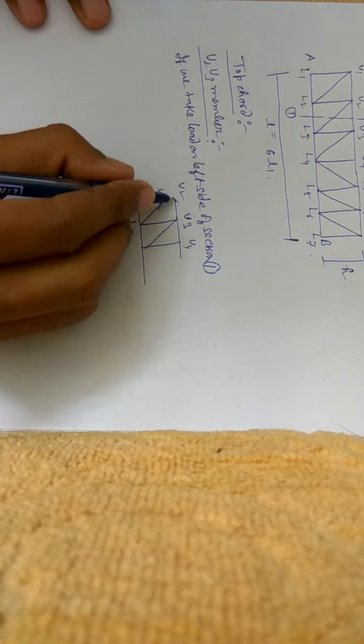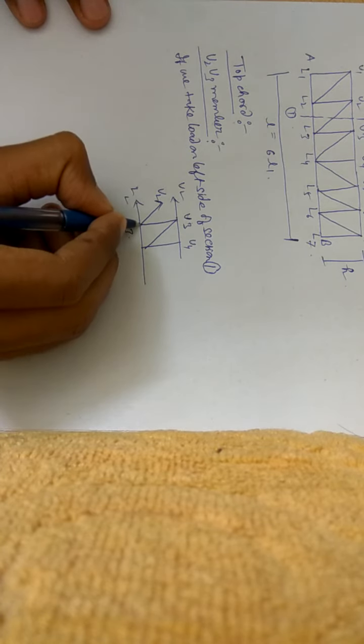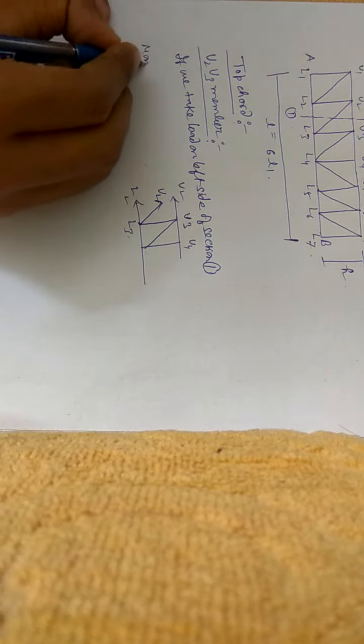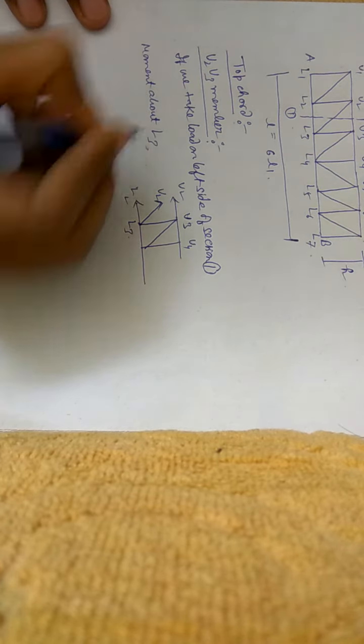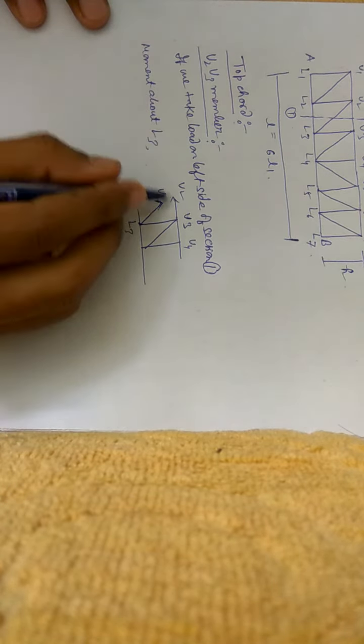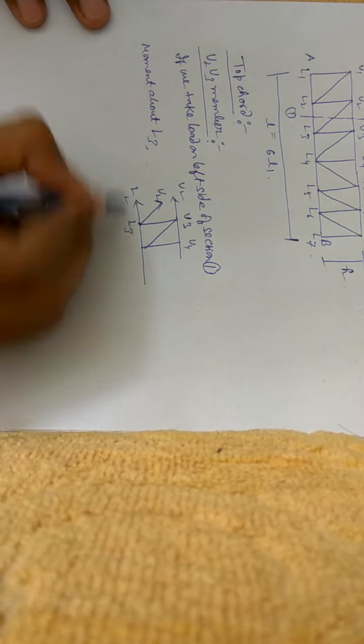So we want the force of this member U2 U3. So we will take moment about L3. If we take moment about L3, all these forces will be 0 because they pass through this point.